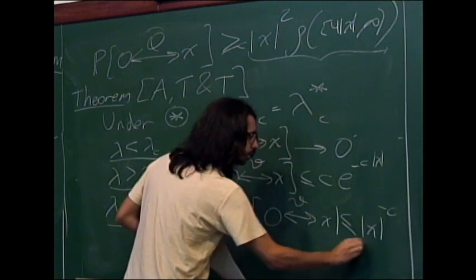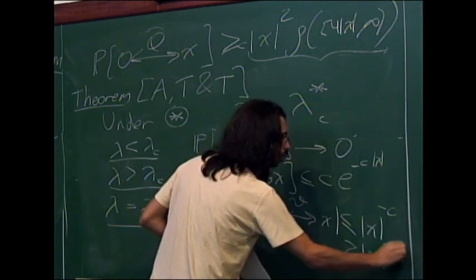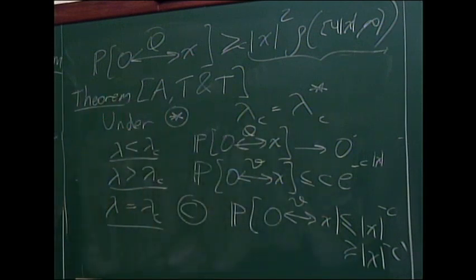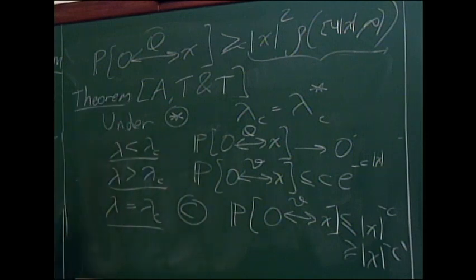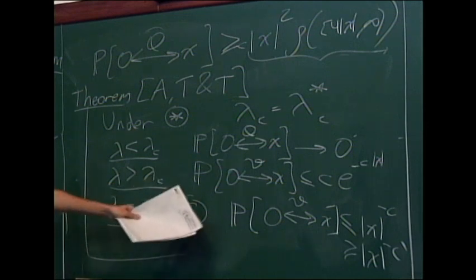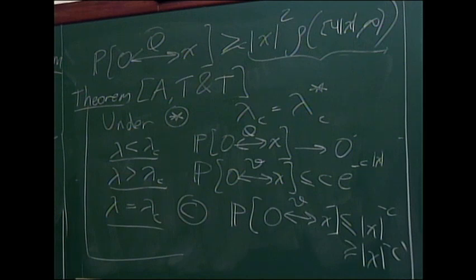It's also bigger or equal than x to the minus c prime. So there is indeed a polynomial behavior ruling the critical phase. That's what attracts us the most, the critical phase, because there are these strange things happening, the polynomial behavior. There's some hope to explain this in the scaling limit.